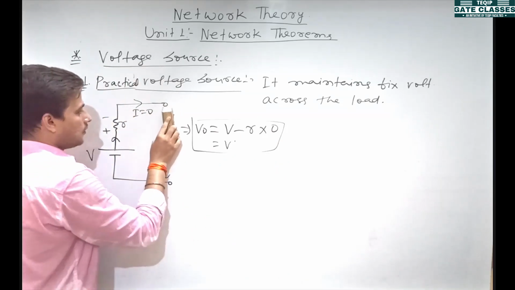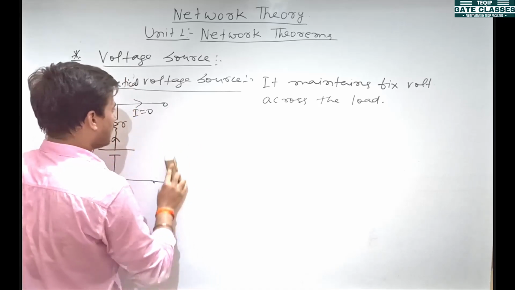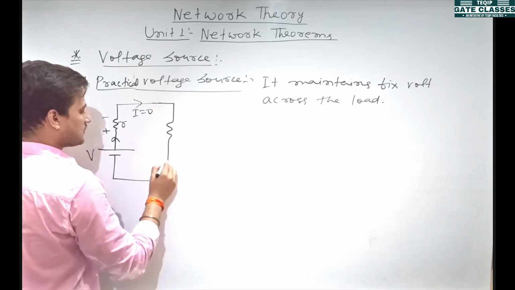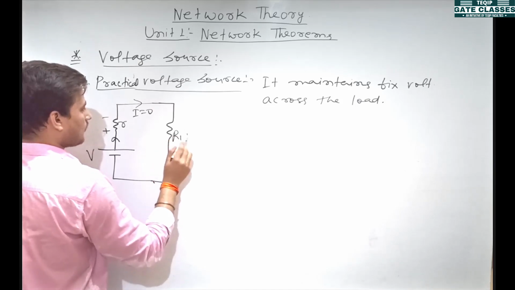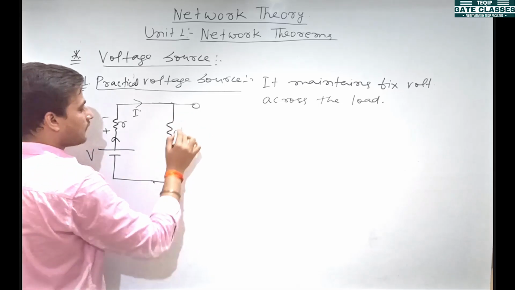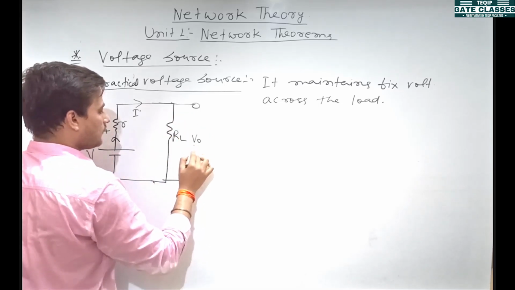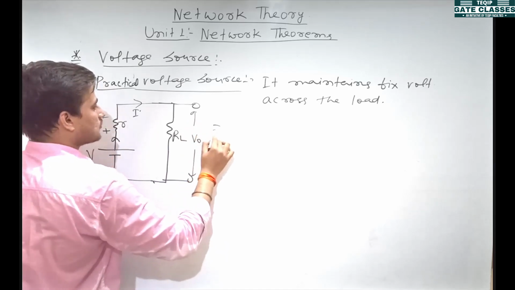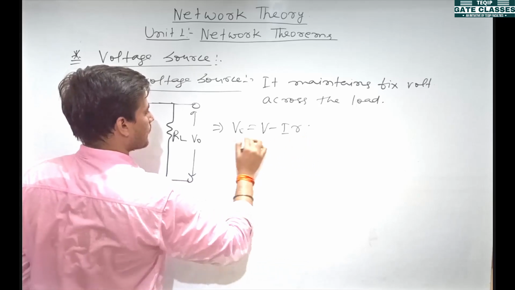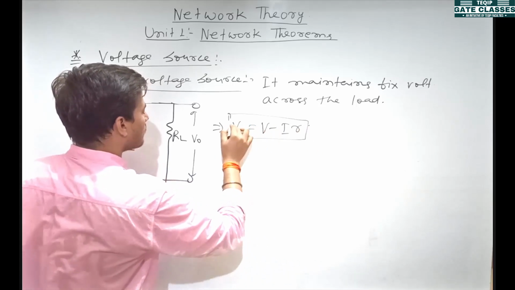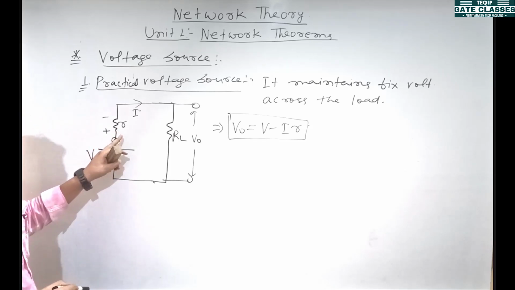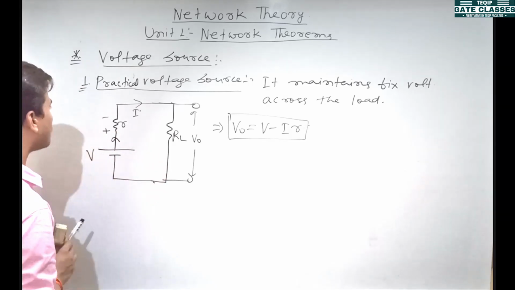Now if there is a resistance connected across this terminal, suppose this resistance is RL, then V0 will be equal to V minus IR. R is known as the internal resistance of the circuit.